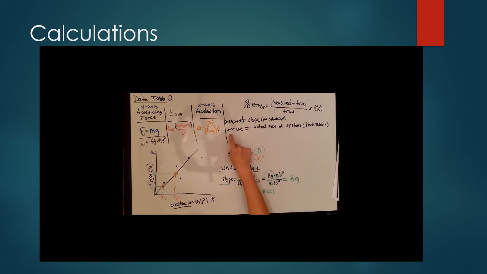The true value of the system is the actual mass given in data table 1. I do want to point out that in data table 1, you are given the true mass of the system in grams and kilograms. So make sure that you choose the correct units when you plug it in, because you are comparing these two, so they need to be in the same units.